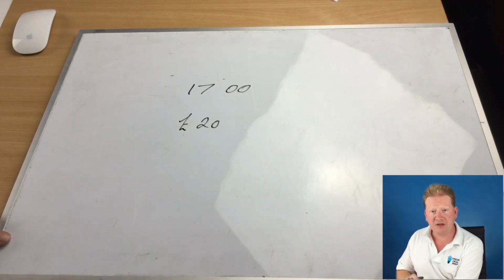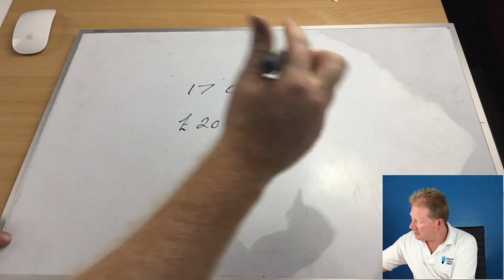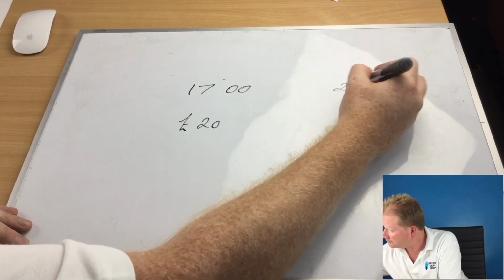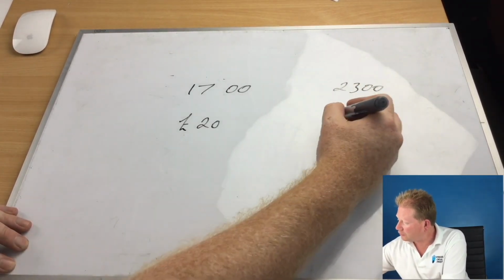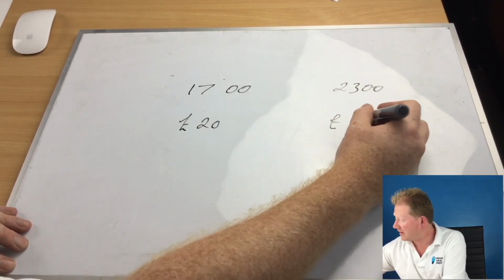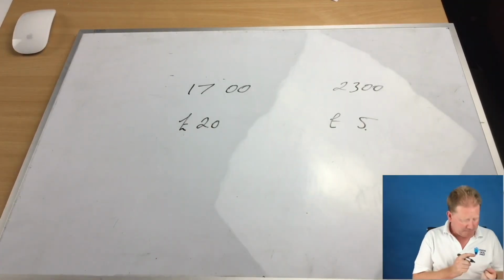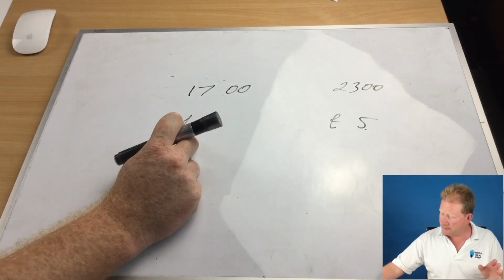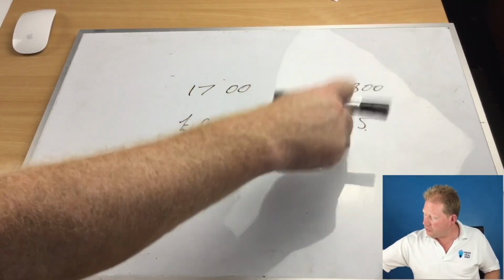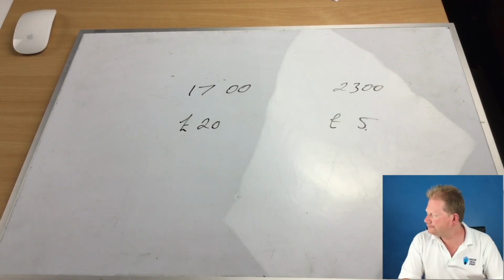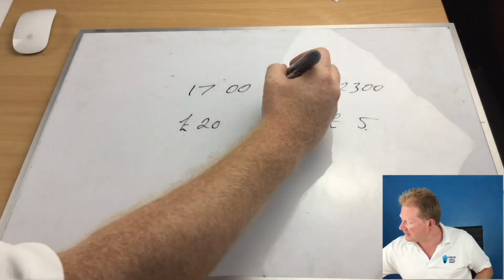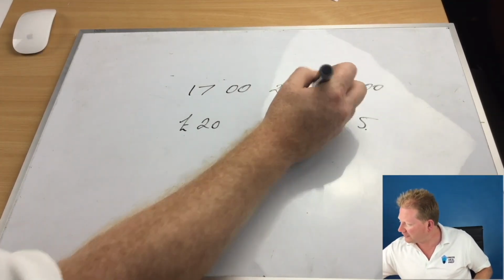You went to the pub and you were drinking solidly till 2300, at which point you had £5 left. So at 5 o'clock you had £20. At 11 o'clock you had £5 left. How much money did you have in your wallet if you were constantly drinking, at 2000 hours?